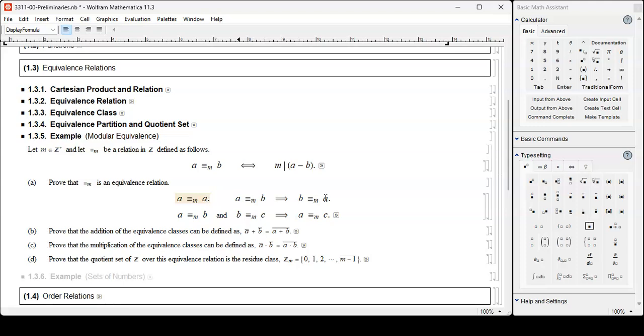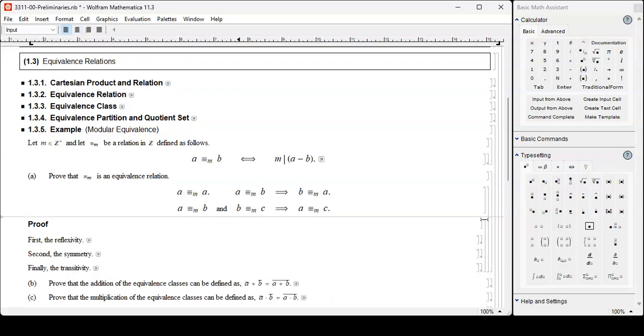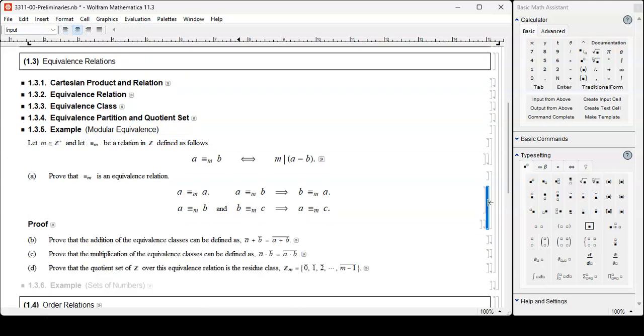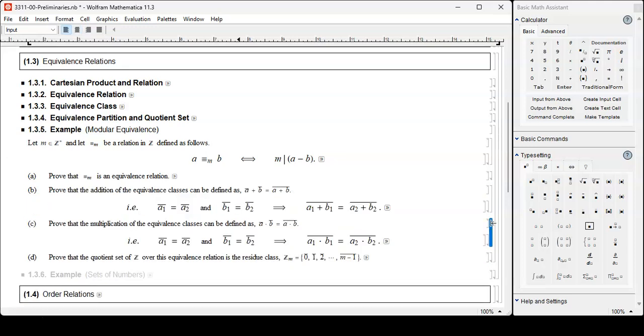Reflexivity, symmetry, and transitivity. Well, they're proofs, but I'll leave the proofs to you. And then they preserve addition and multiplication. So if you have two different representatives, A1 and A2, B1 and B2, then addition yields the same equivalence class.